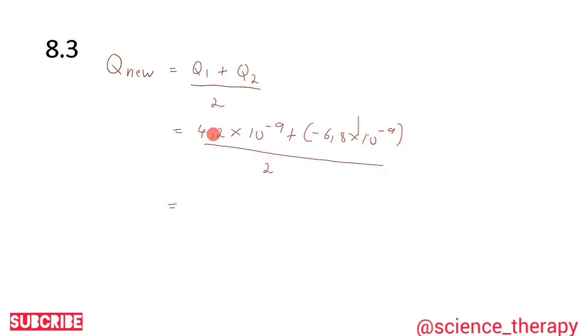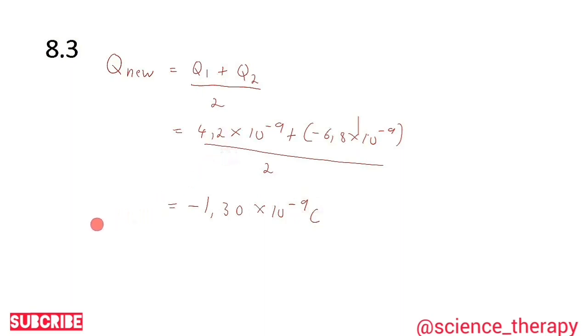Then having to punch all this in your calculator, what is it that you will have? It's negative 1.30 times 10 to the exponent of negative 9 coulombs, right? And that's how we have it. So that's the new charge.